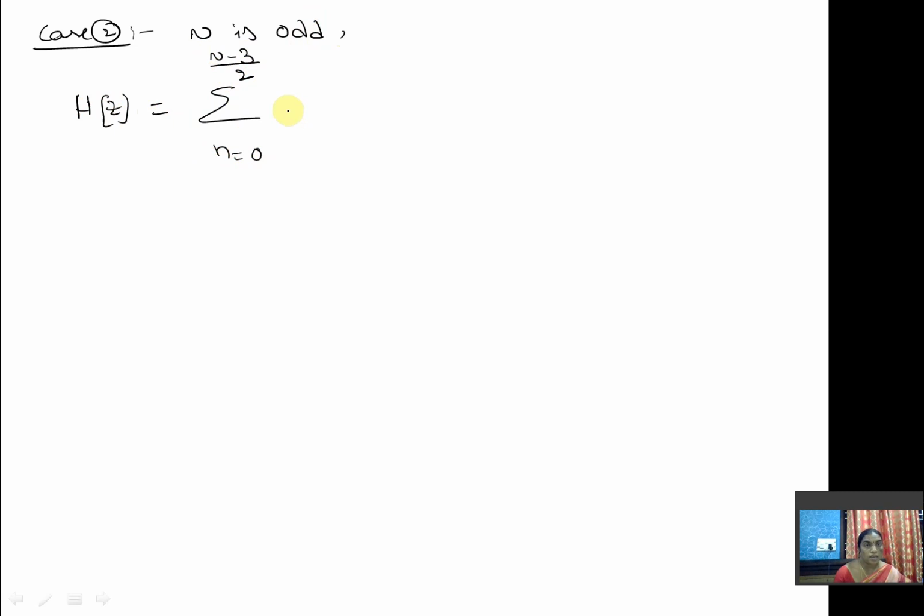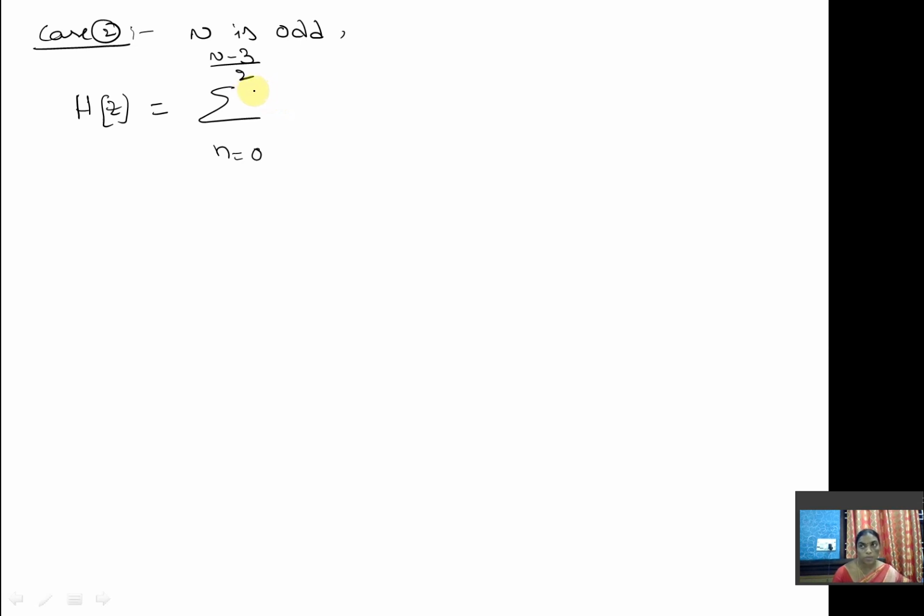Now coming to the next case, that is case 2, that is n is odd. In this case, h of z is equal to, what is that h of z? Summation n equals 0 to n minus 3 by 2, first half, right? So n is odd means n minus 1 means even samples are there.